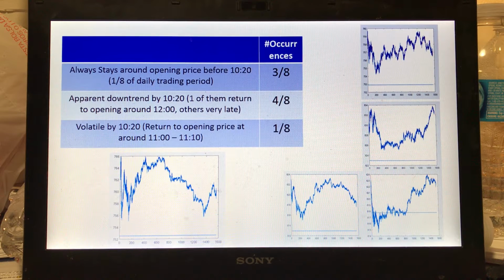Okay, so this is one of the most unpredictable cases after a high opening. So in 3 out of the 8 cases, the stock stays around the opening price before about 10:20, and there are 4 out of the 8 cases that you can see an apparent downtrend by 10:20.